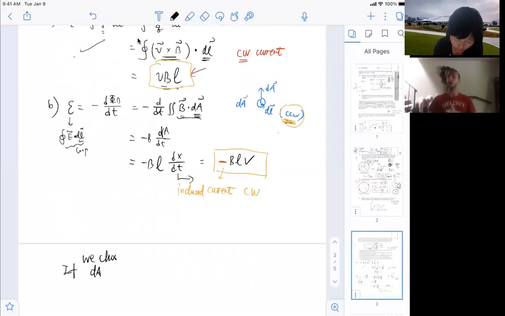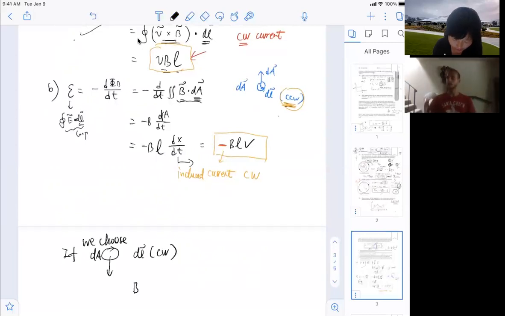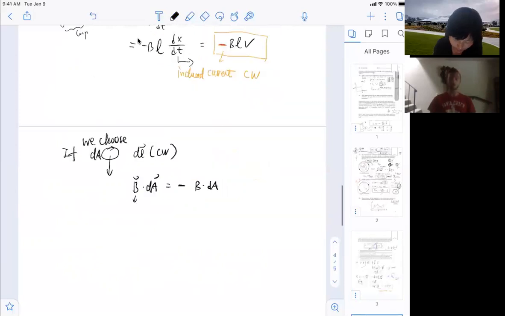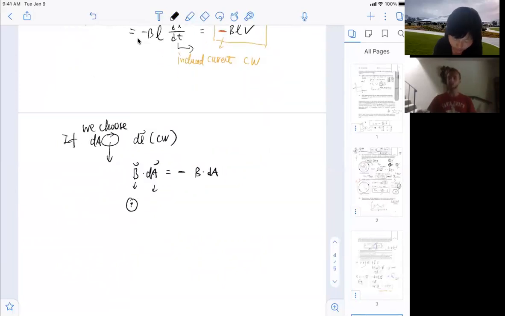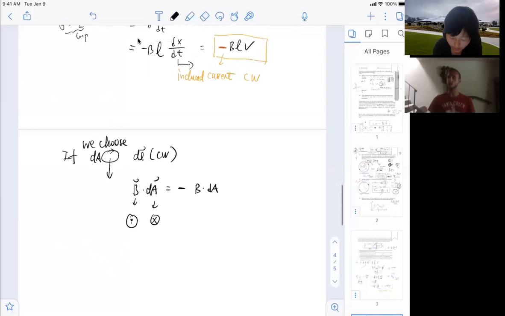Sure, if we choose dA to be downward and dl is clockwise, then B dot dA will be negative B times dA, because B is pointing out of the page and you chose your dA to be into the page. So you should have an extra negative sign.